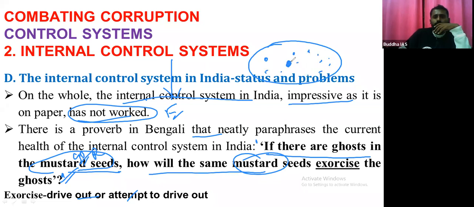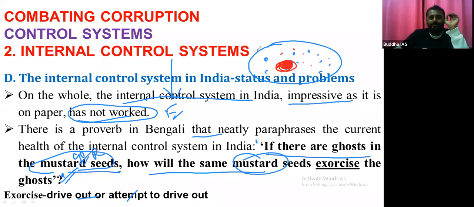Think that this is a mustard seed and think that this is a devil. So how can this mustard seed drive this devil or ghost away? The implication here is that for a control system to be effective, it cannot plant the ghost again.